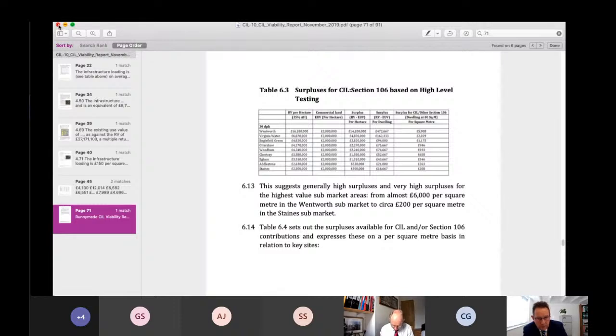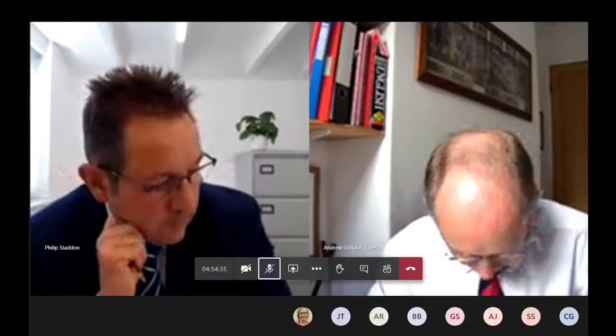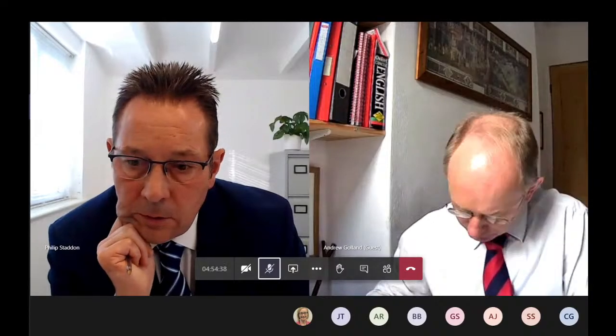Before Charlotte goes there, if we could just look at the range of figures in the right-hand column of table 6.3, we'll see there 5,908 at the top and 2,008 at the bottom in the Staines area. Now, I'm picking up different figures, so if I could ask Charlotte to go to table 5.1 of CIL 8, which is on page 22.